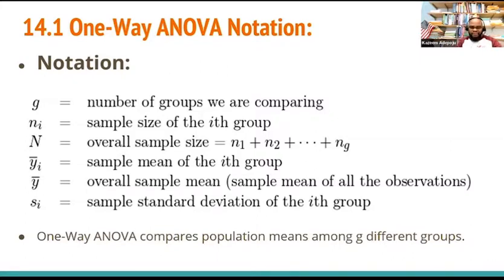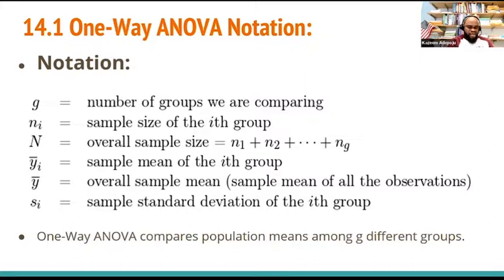Now, I want to familiarize you with the notations that we have here. In the notation, G represents the number of groups we're comparing. Like in that example, G equals 3. The n_i is the sample size of the ith group. It's just like within a particular group, how many participants do we have?